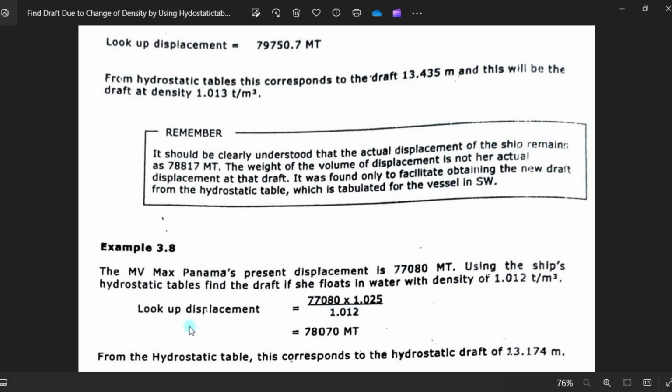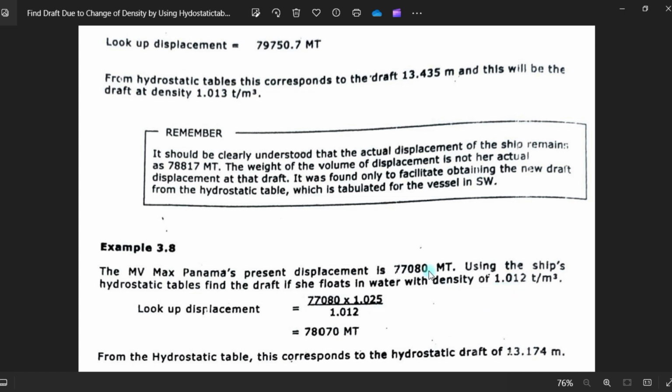The formula here is lookup displacement equals the present displacement, 77080, multiplied by the constant 1.025 of salt water over the new density of 1.012, and the new displacement will be 78070 if he floats in a density of 1.012.